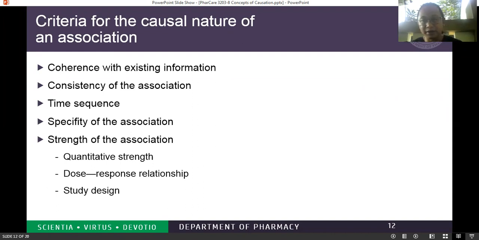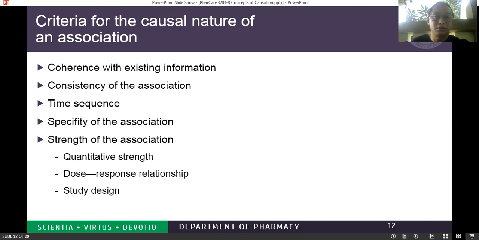There are 9 Bradford Hill criteria, and it is very popular in epidemiology, and it can be a kind of guidance to judge whether a cause may have a causal relationship with an effect.